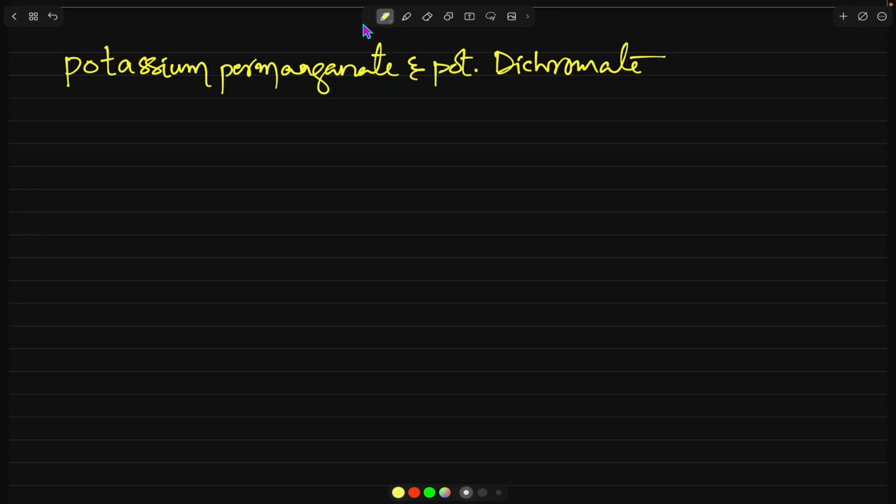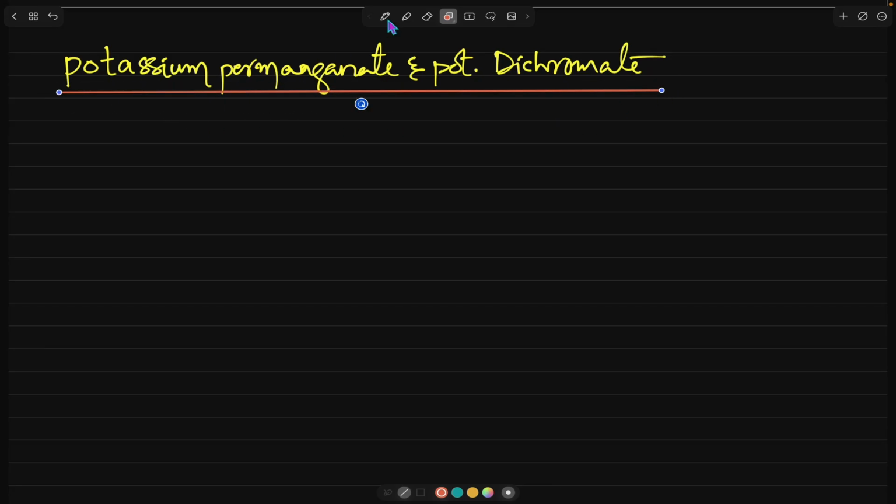Chemical properties we have already seen in the first year: redox reactions, but we just revised that. So we are going to talk about only these two things.